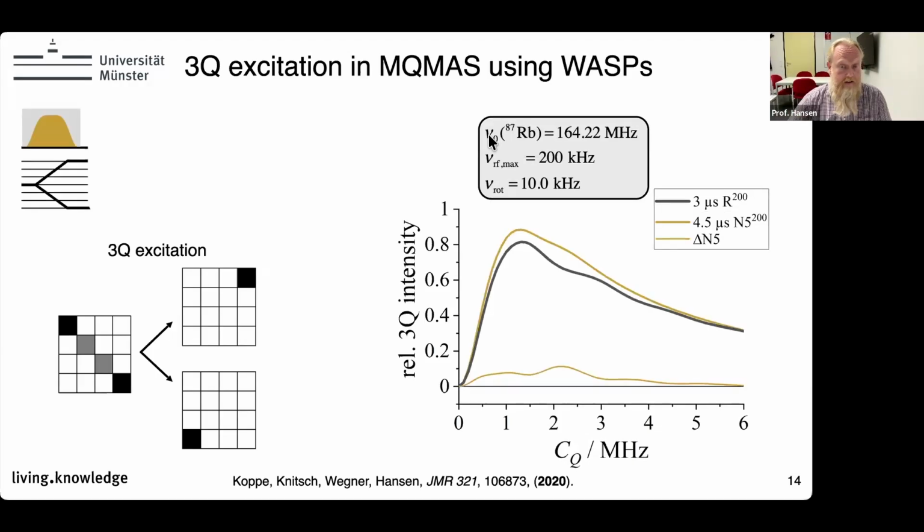Now if we change just this amplitude shaped pulse, going away from the square pulse, to an N=5 with the same power level, you can see that it's actually performing somewhat better in the lower range of the CQ values for rubidium, which is a spin 3/2 nucleus.